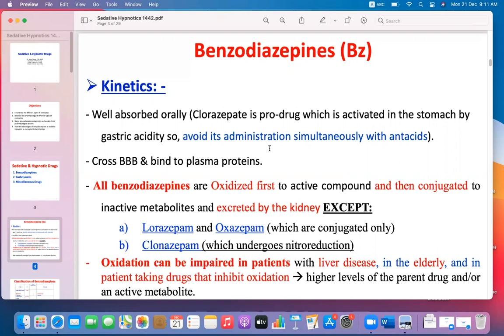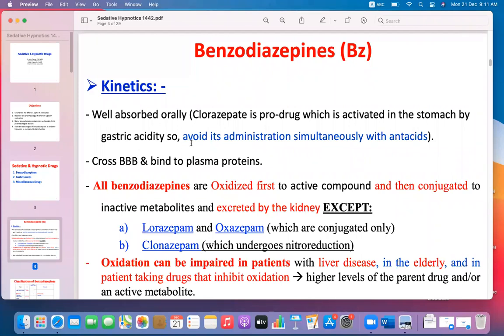So if you are prescribing clorazepate with an antacid, what is the role of the antacid? Generally, an antacid increases the pH, and if the pH is increased, this prodrug clorazepate will not be able to activate. So avoid its administration simultaneously with antacid.